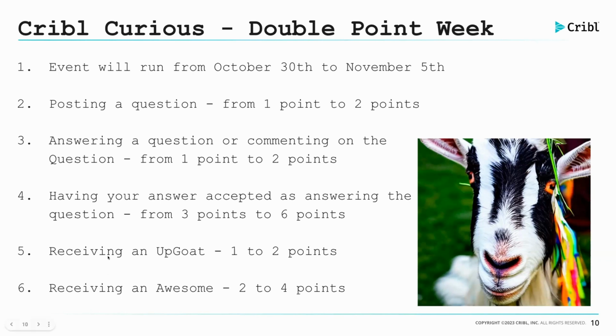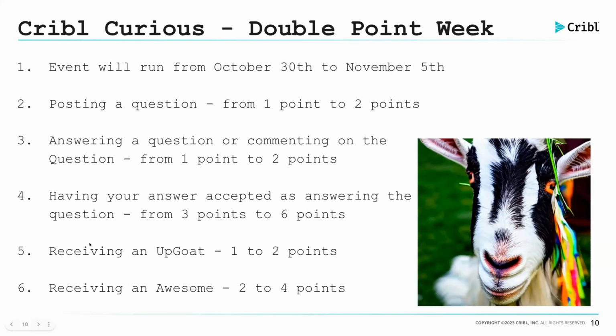So if you answer a question and your answer is accepted as the solution to that problem, you could get 4 points for that. If somebody upvotes it, it'd be 5 points. If they awesomed it, it'd be 6 points.